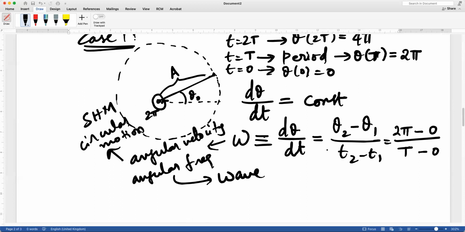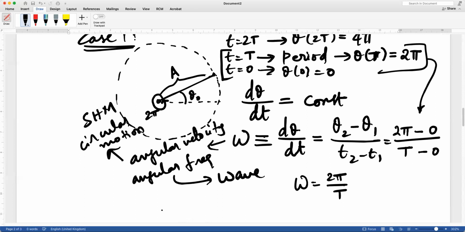I'm just using these 2 points. We can take any 2 points, but it is going to give you the same value, because omega is a constant in this case. So omega is nothing but 2 pi over capital T.